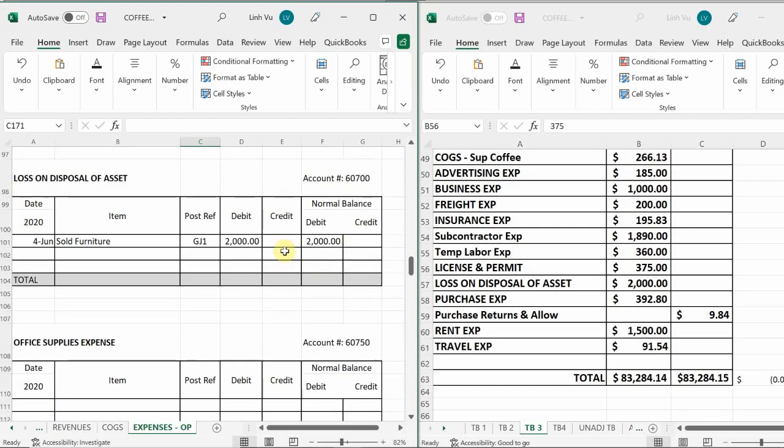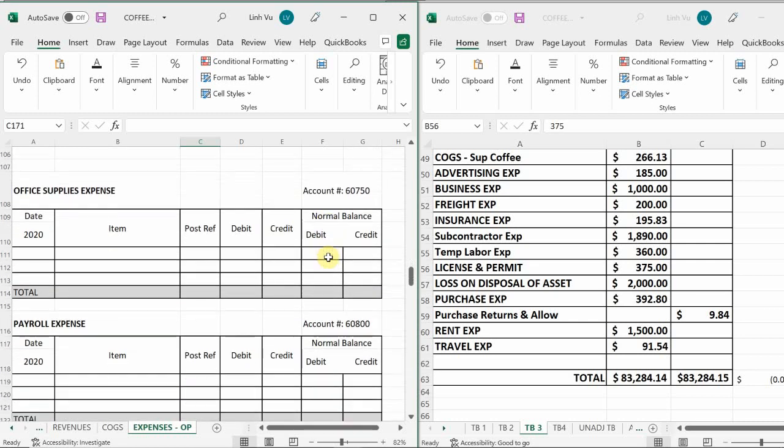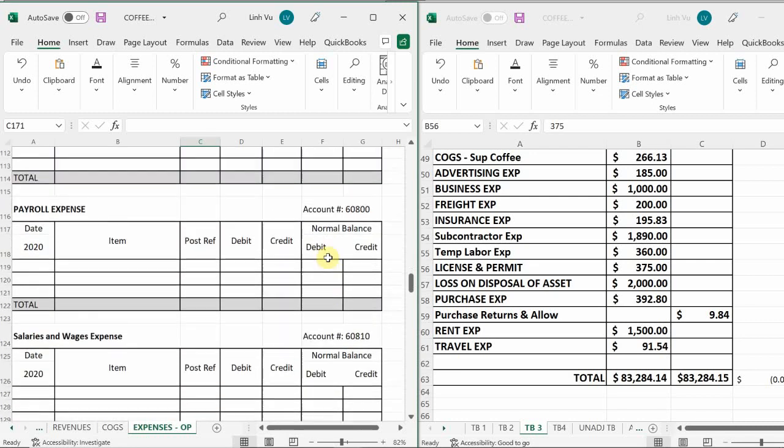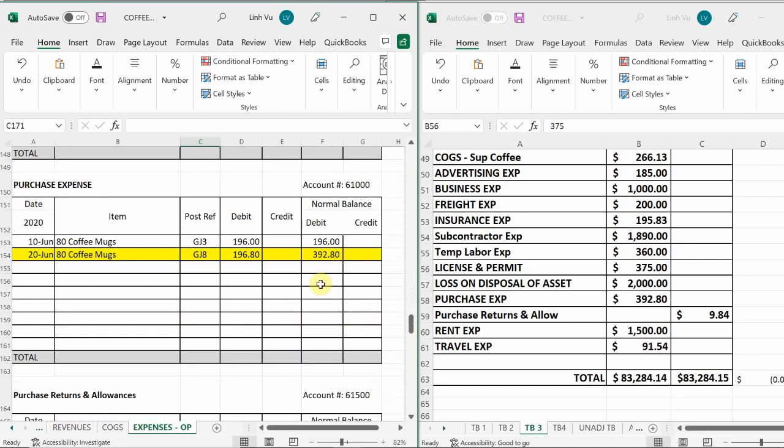I got $2,000 for my loss on disposal of assets. Okay, and then here for my purchase expense, I have $392.80. Okay.